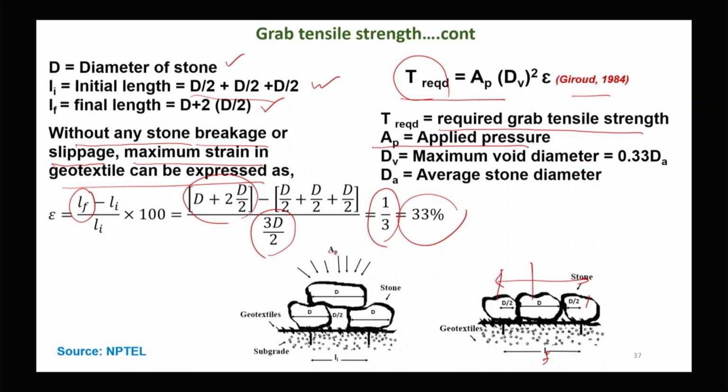ΔP is the applied pressure, whatever pressure we are applying. dV is the maximum void diameter, which is calculated to be approximately 0.33 dA. This is the maximum void diameter within the stone structure, and average stone diameter is dA. This is the typical empirical relationship, and from there we can calculate the required grab strength, and also the factor of safety we can calculate.